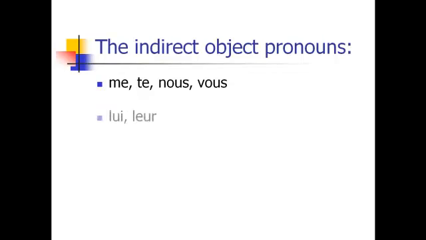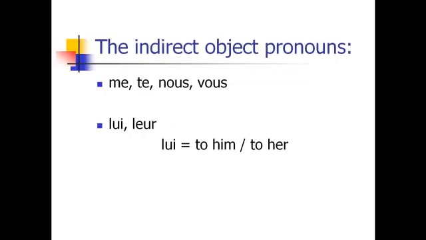Now if you're talking about third person, you're going to use the words lui or leur. Lui means to him or to her. There's not a difference for masculine or feminine. It's both lui. You probably remember this from our vocab list and the expression offre-lui or tu pourrais lui offrir. We saw that when we were going over our vocabulaire. And leur can be translated as to them.